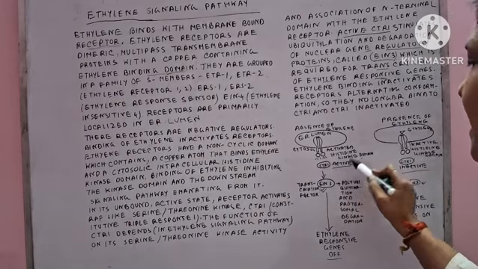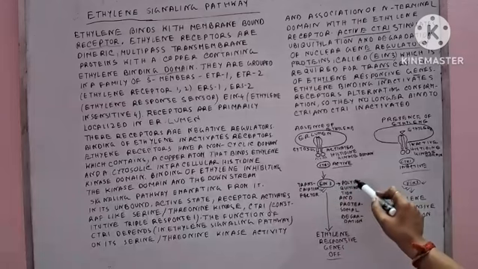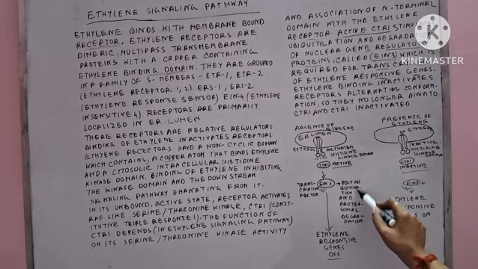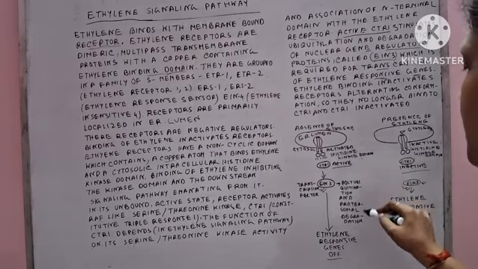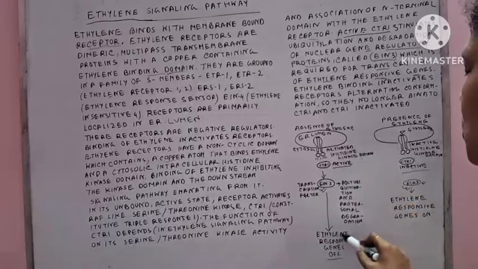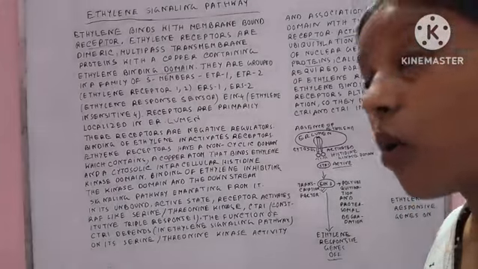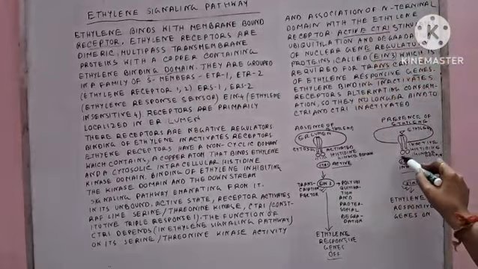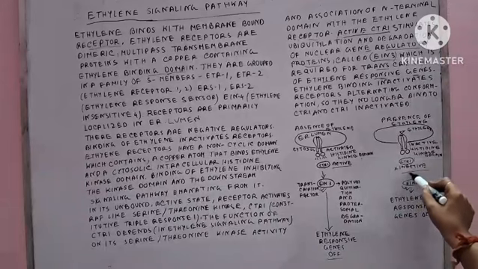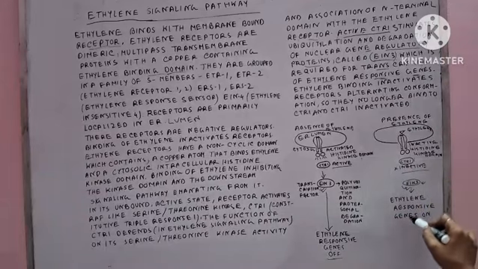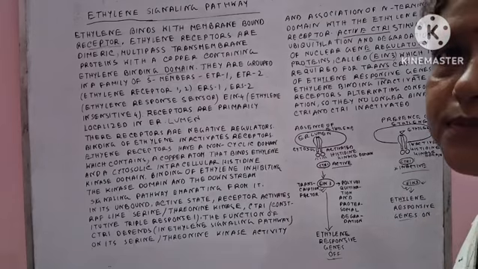If CTR1 is activated, its role is the ubiquitination and proteasomal degradation of the transcriptional factors, so the ethylene responsive genes remain off. But if CTR1 is inactive, then EIN3's role is very important for the activation of the ethylene responsive genes.